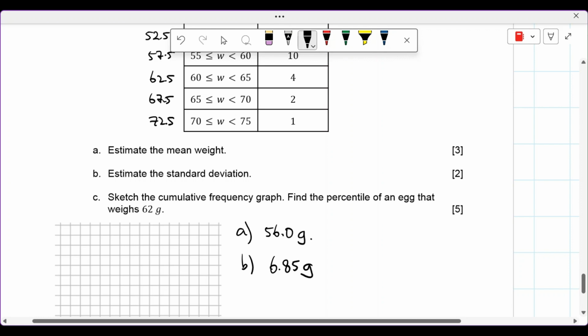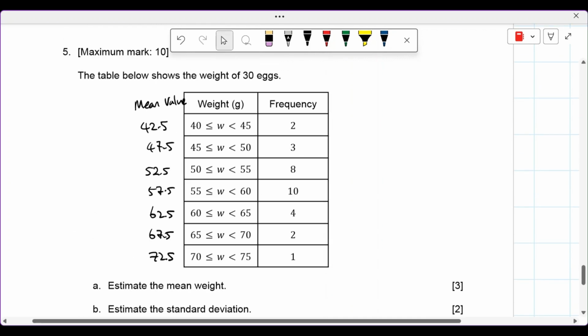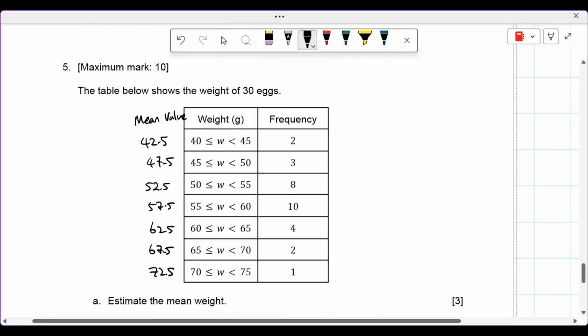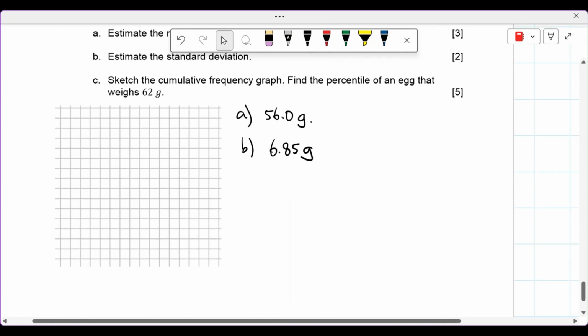Now let's get to the cumulative frequency graph. So in order to graph the cumulative frequency, we need to first add an additional column here for the cumulative frequency. That's going to be 2, 5, 13, 23, 27, 29, and 30. Just reassuring that there are 30 eggs in total. And now let's plot. So first we need to make the axis.